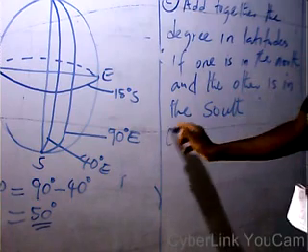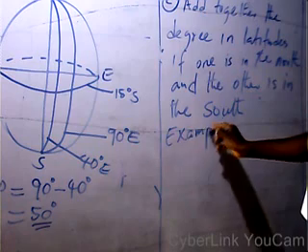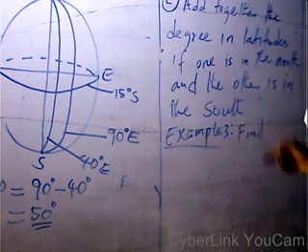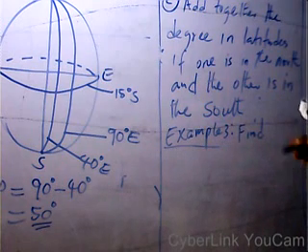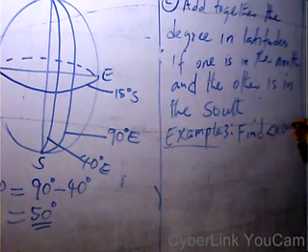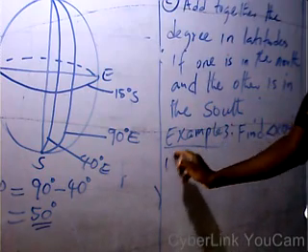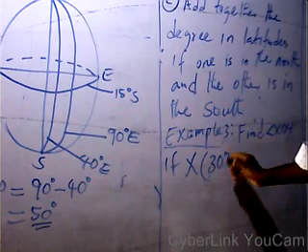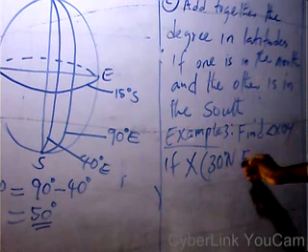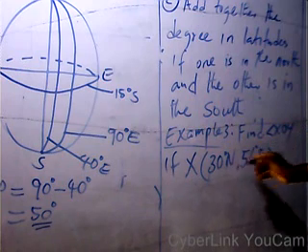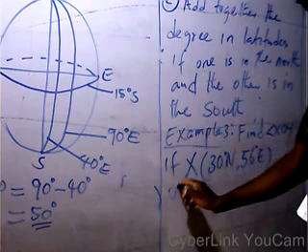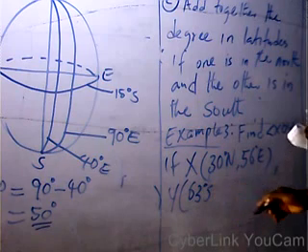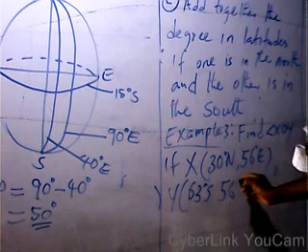Example 3. Find angle XOY if X, the point X, is 30 degrees north and longitude 56 degrees east, and Y is what? 63 degrees south and 56 degrees east.